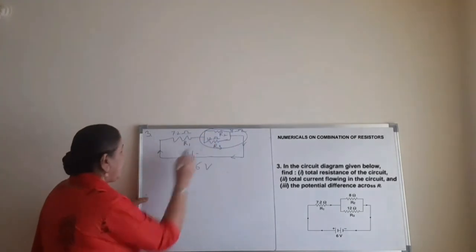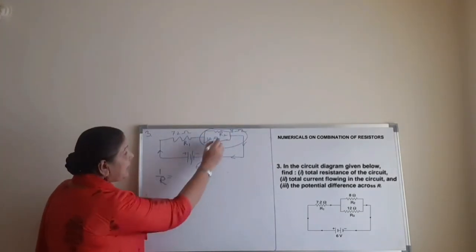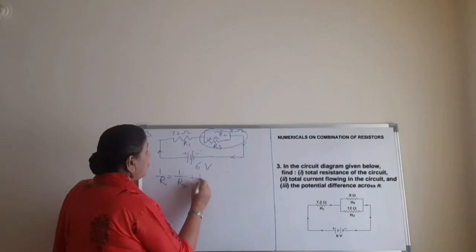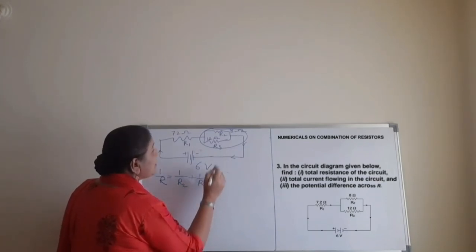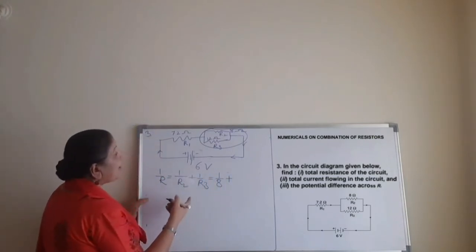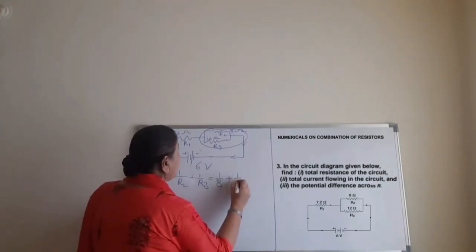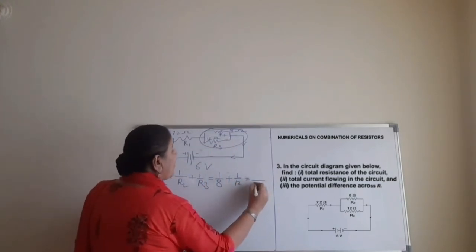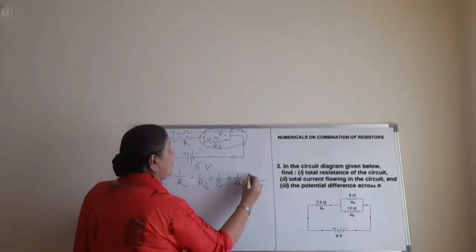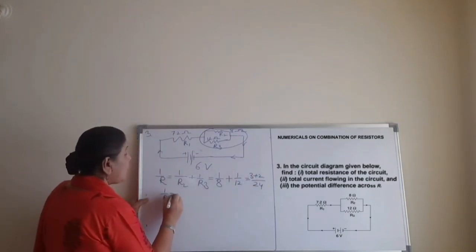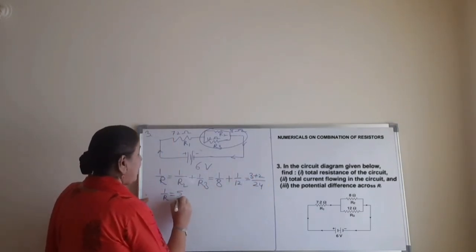So first, 1 upon R will be equal to 1 upon R2 plus 1 upon R3. What is R2? 1 upon 8 plus 1 upon R3, which is 1 upon 12. Correct? So it will be equal to 3 plus 2 over 24. So 1 upon R is equal to 5 by 24.